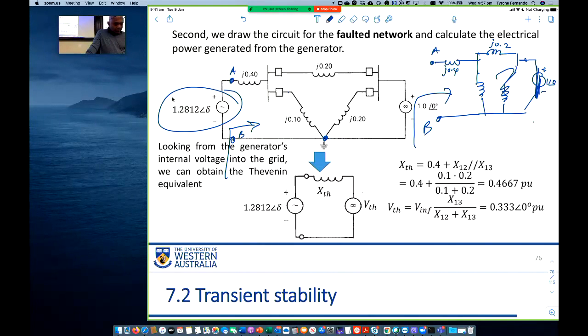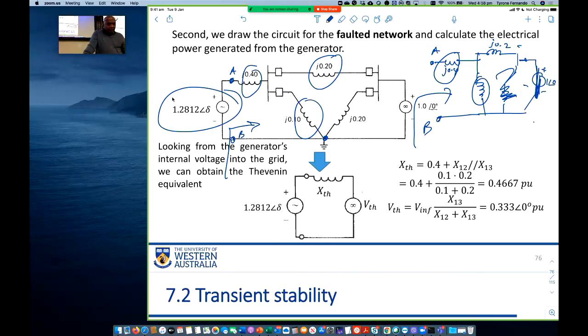This source disappears, so there's nothing there. This 0.2 is going to be in parallel with this one, in series with that one.